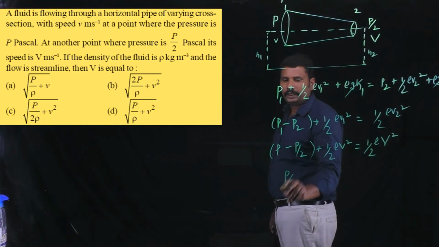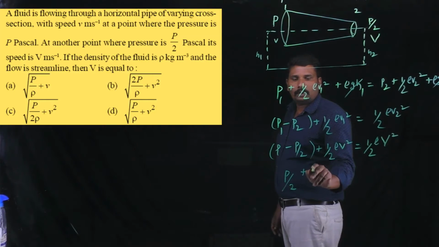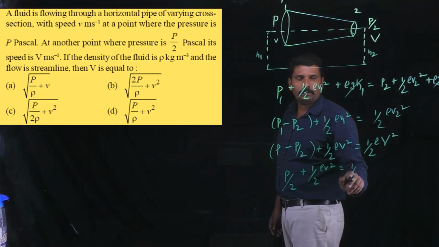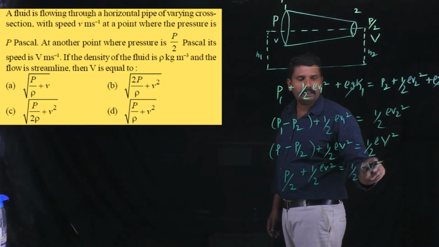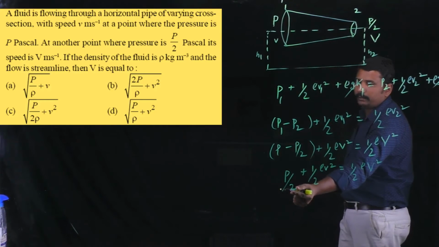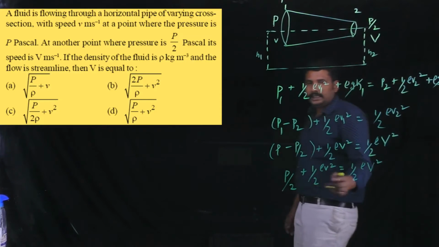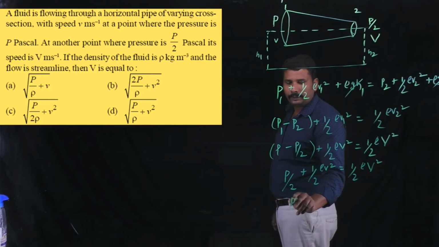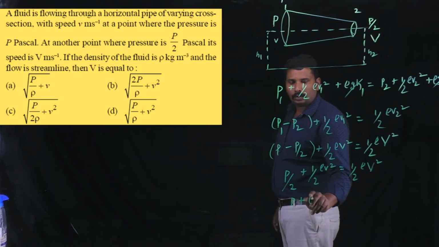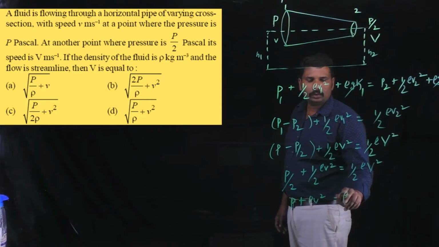On solving it, it is P by 2 plus 1 by 2 into rho small v square equals 1 by 2 into rho capital V square. Multiplying both sides by 2 and cancelling the common term, it is P plus rho v square is equal to rho capital V square.